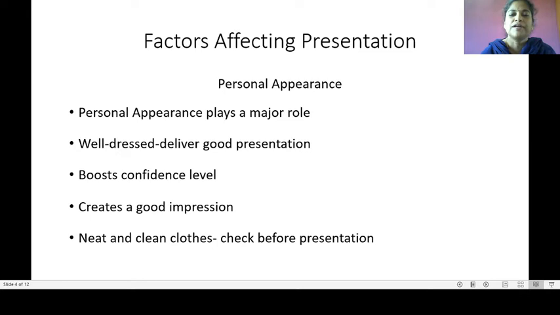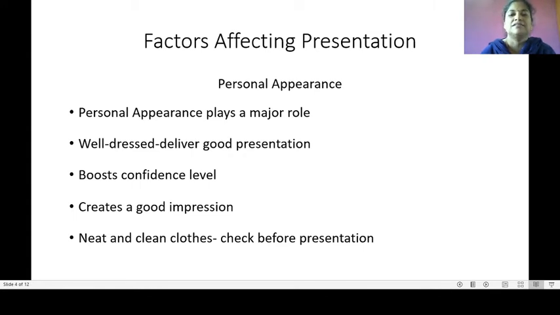So avoid wearing something very bright or lots of ornaments, especially female presenters. Try to keep it simple and smart. So always focus on neat and clean clothes.